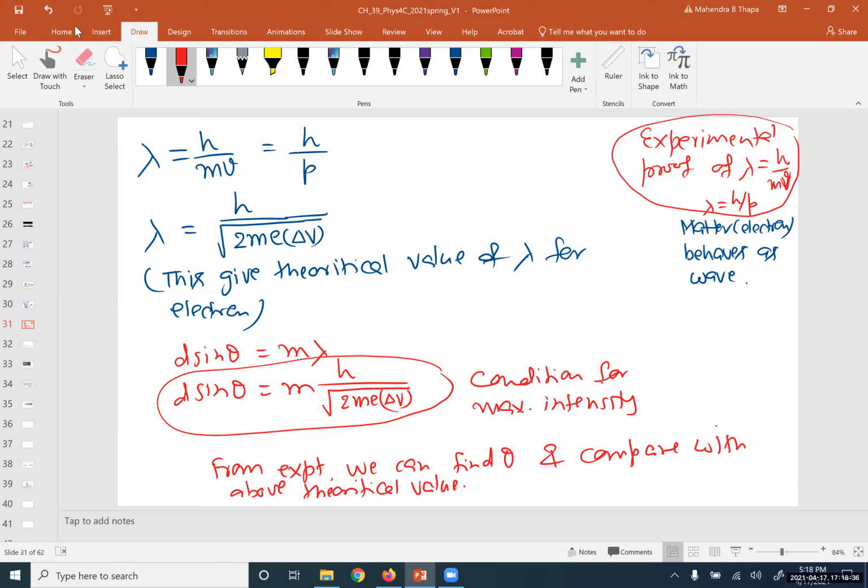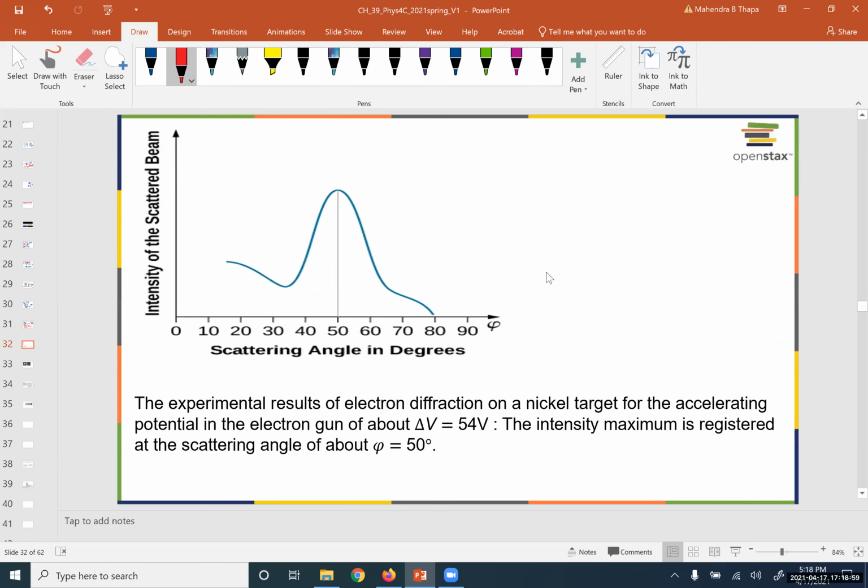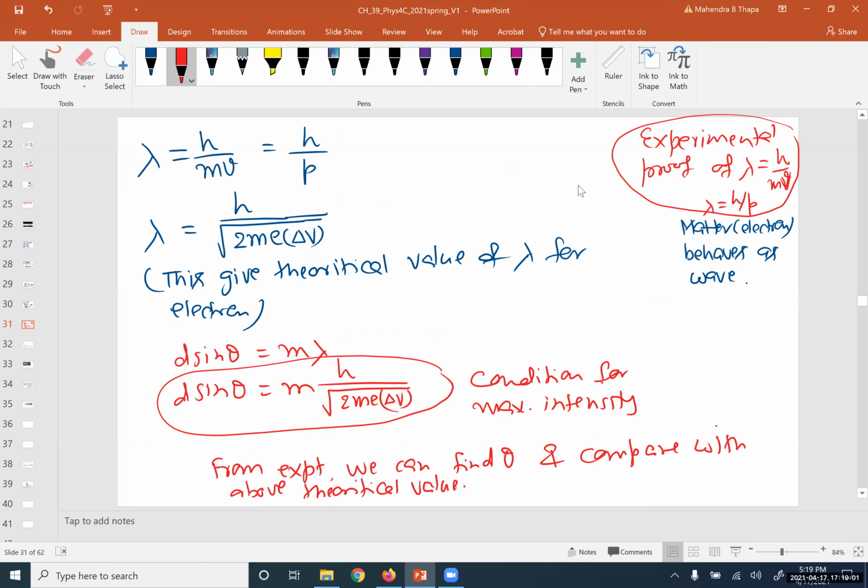This is from theory, and we can also record the angle from the experiment. The theoretical value and experimental value are found to be the same. In my case I represent it by theta. In our case, both the theoretical result and the experimental result match.